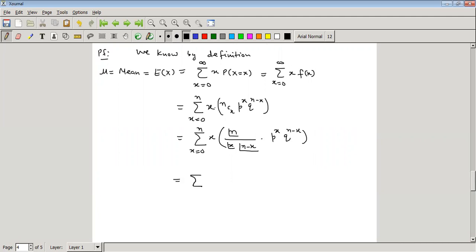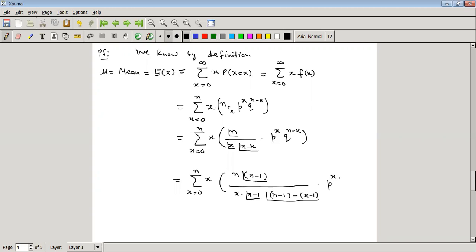We can also rewrite this: n factorial as n into n minus 1 factorial, and x factorial as x into x minus 1 factorial. We also write n minus x as n minus 1 minus x minus 1 factorial, into p to the power x.